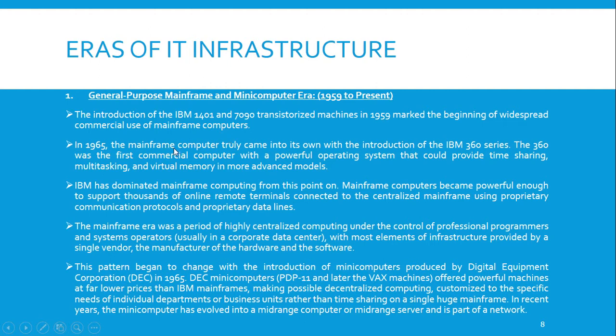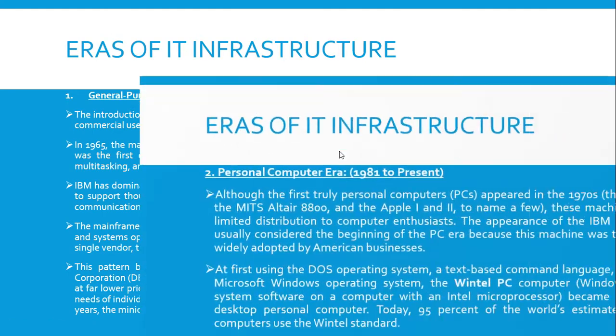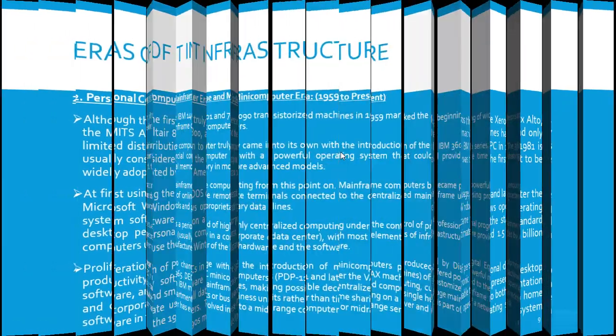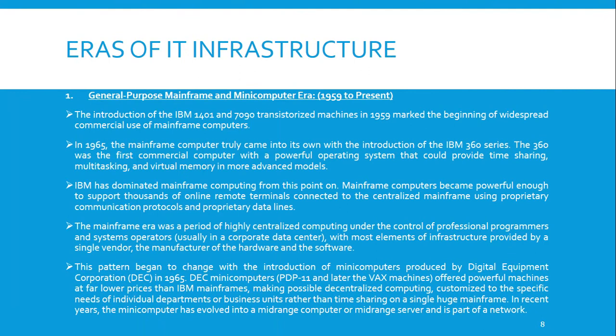Now, in 1965, the mainframe computer truly came into its own with the introduction of the IBM 360 series. The 360 was the first commercial computer with a powerful operating system that could provide time sharing, multitasking, and virtual memory in more advanced models.